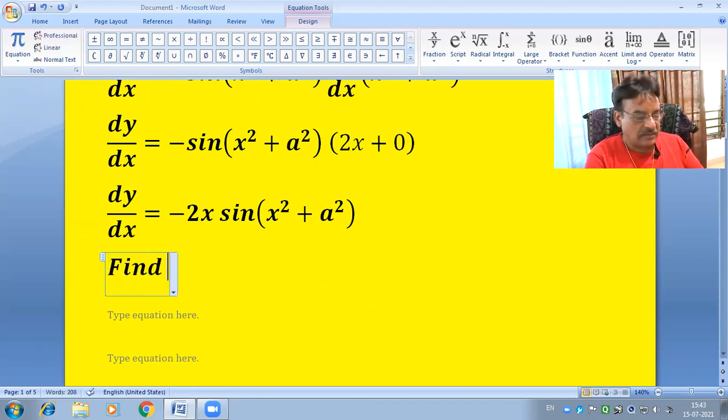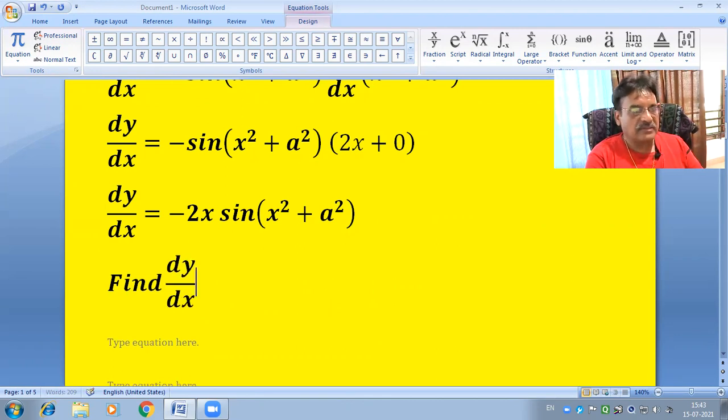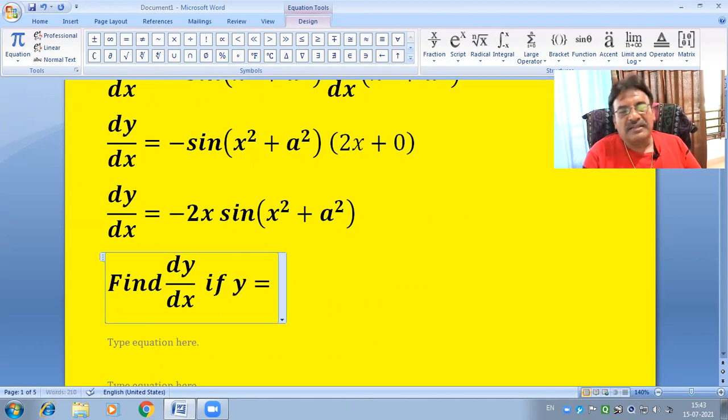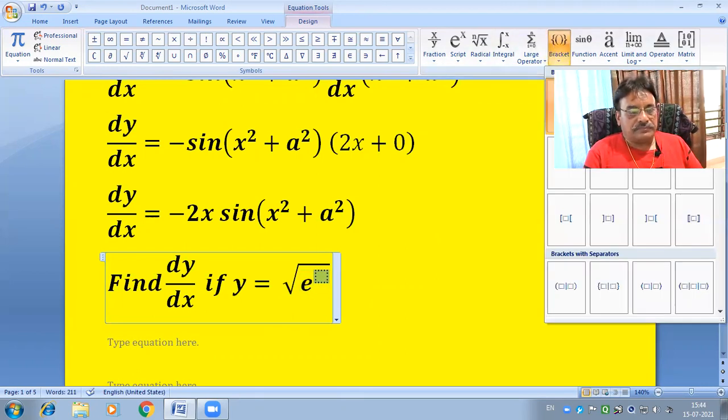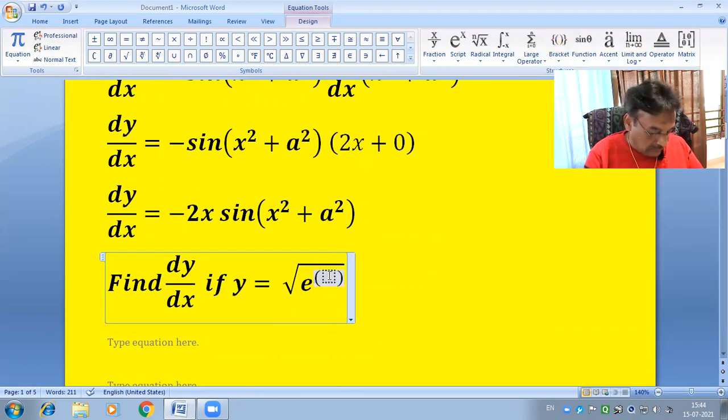Find dy by dx if y is equal to, the function is given, under root e to the power (3x plus 2) plus 5.